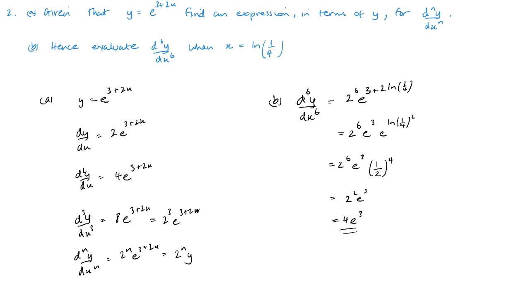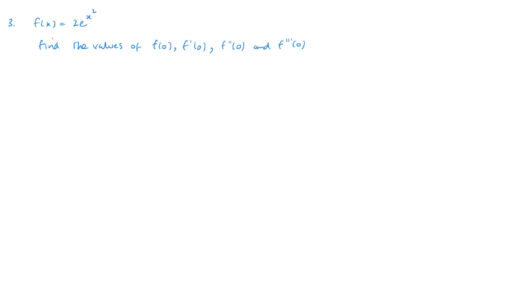Now let's look at the final question. So we've got f of x. We've got to find f of 0, f dash of 0, f double dash of 0. So let's differentiate each of these first. So I'll write f of x is 2e to the x squared.